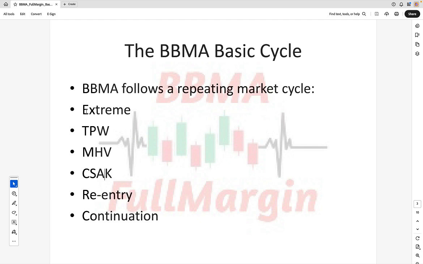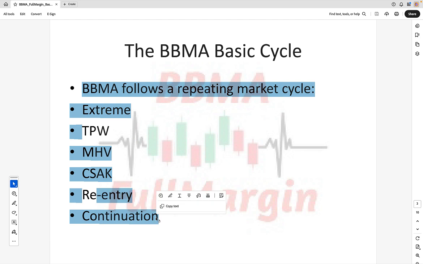So later on, when I share some possible setups, I will always say that this is the possible area where we can look for buy or sell, and we need to apply confirmation when the market approaches that level. These things are really important to apply confirmation.